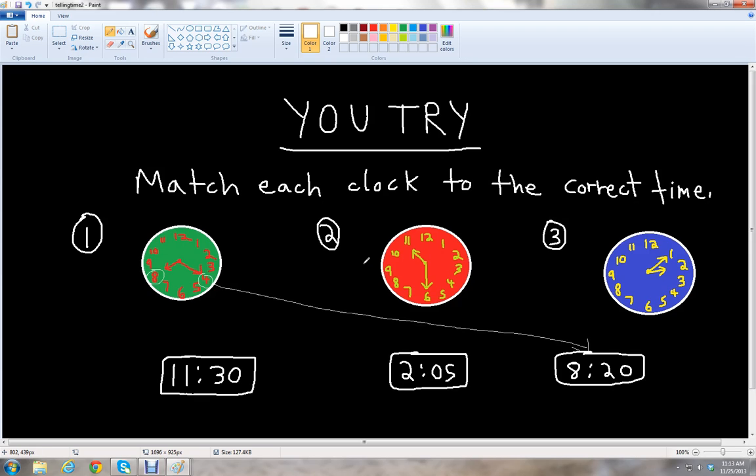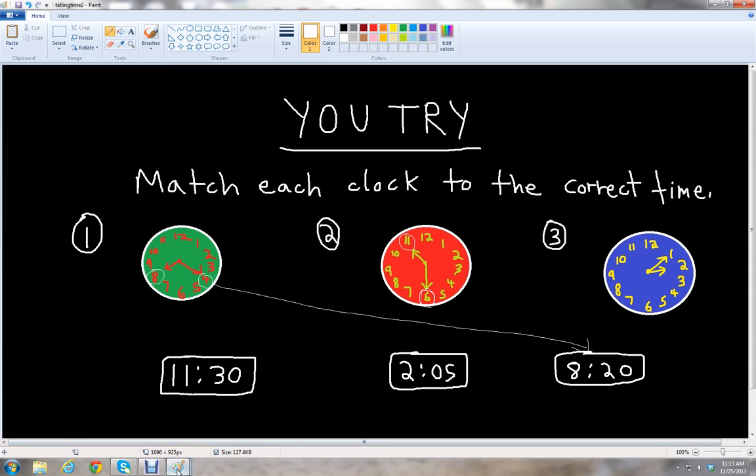Okay, so let's look at the second clock here. It's a red clock with the yellow numbers, and we have the shorthand, the hour hand, pointing at the 11. So that's our hour, and then it looks like a 6 is pointed at for the number of minutes.